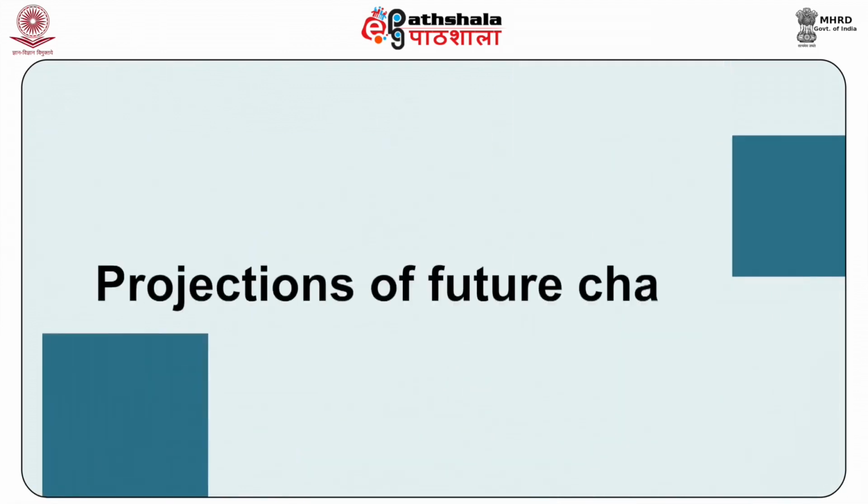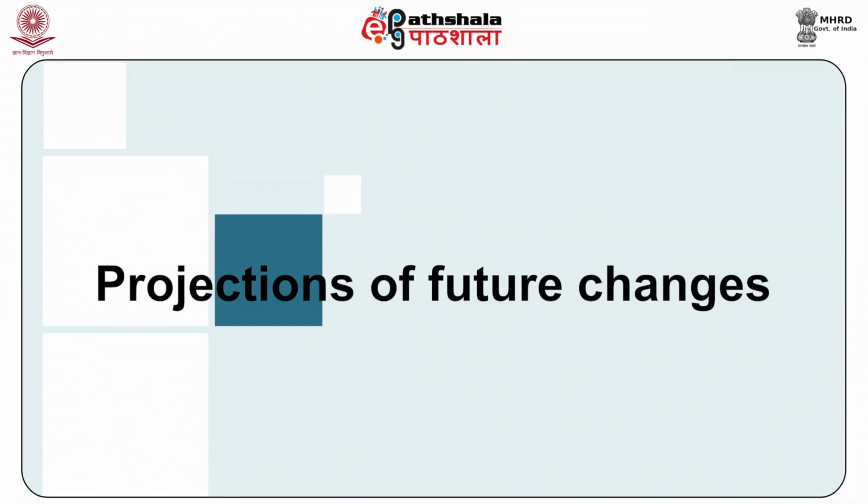Let us now discuss the projections of future changes. Various modeling exercises have revealed that if release of carbon dioxide continues at current levels or trends, the average pH of oceans will fall to 7.8 by the end of this century, which corresponds to 0.5 units below the pre-industrial level. For several millions of years, this pH level has never been experienced.